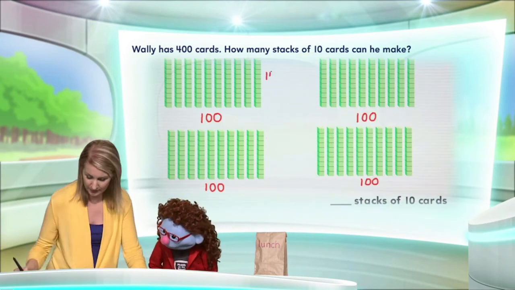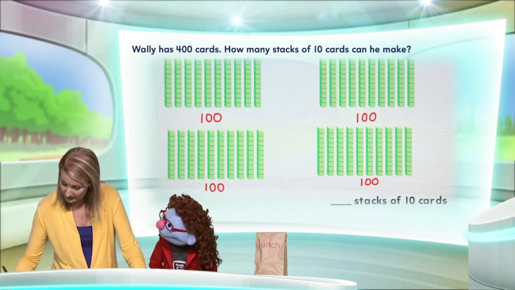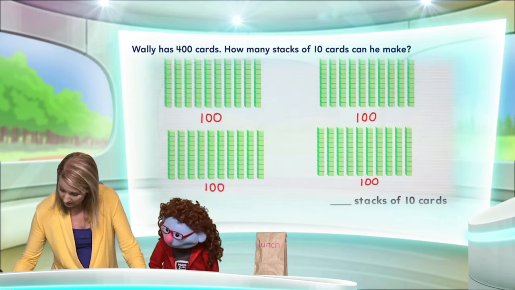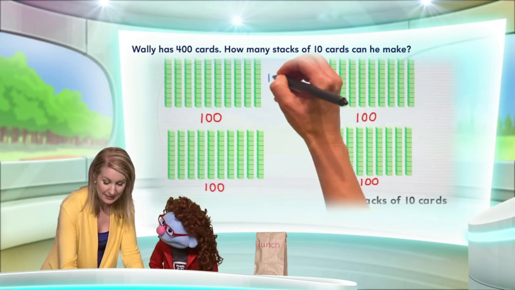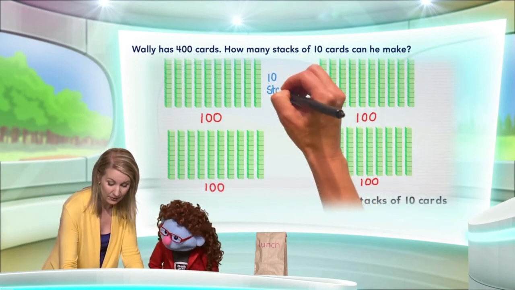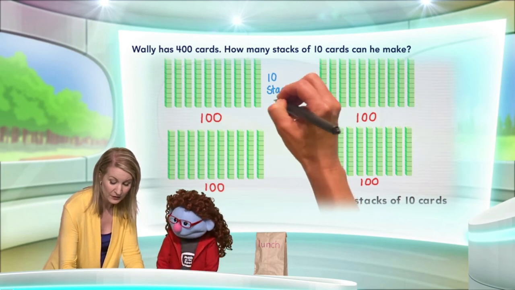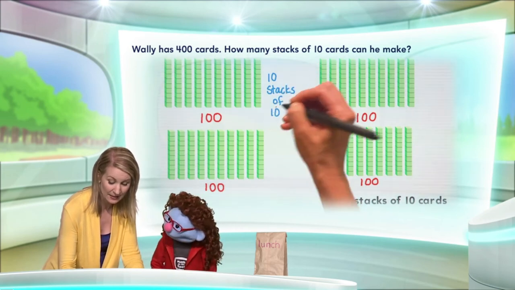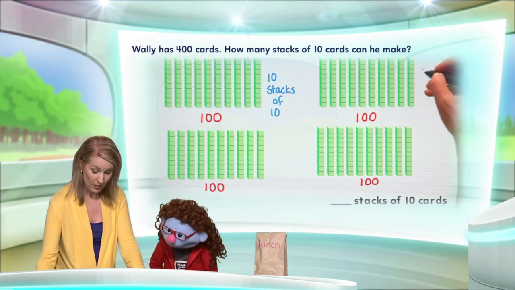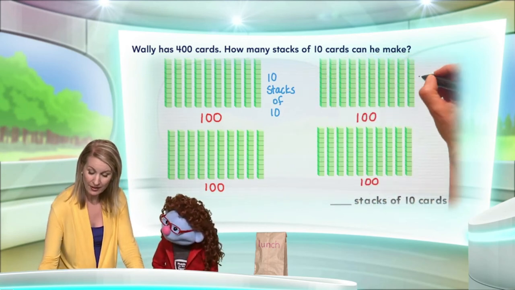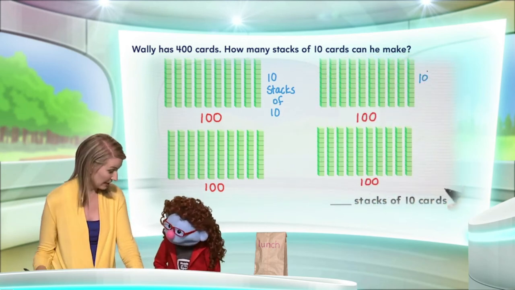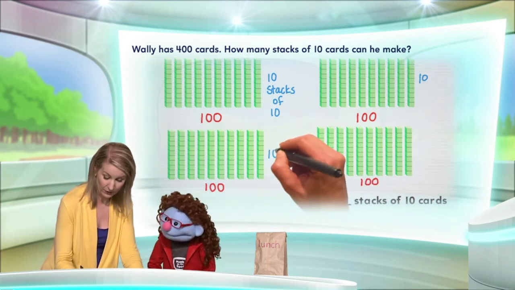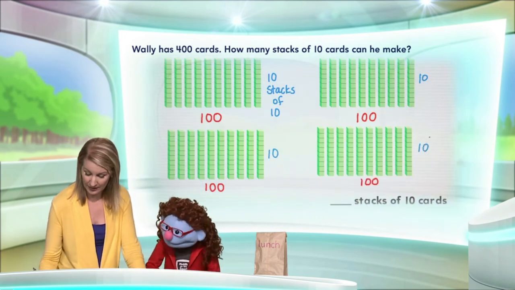I'm going to use a different color just to emphasize what we're doing here. So this is 10 stacks right here, right? 10 stacks of 10. Yes, it is. And over here, in this group, we have another 10 stacks of 10, right? Yes, we do. And another over here, another there, and then one more there.